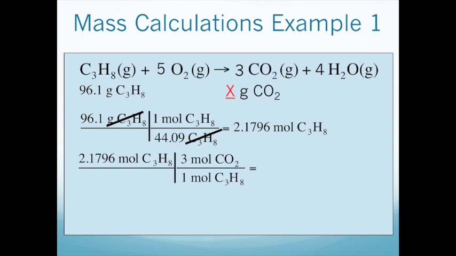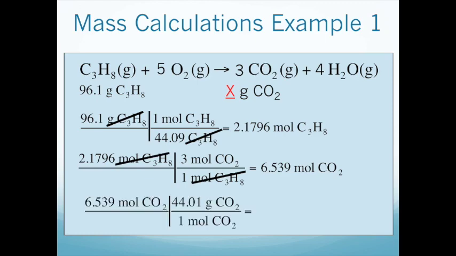Now we know that for every mole of propane consumed, there are 3 moles of carbon dioxide produced. So 2.1796 moles of propane times 3 yields 6.539 moles of carbon dioxide.